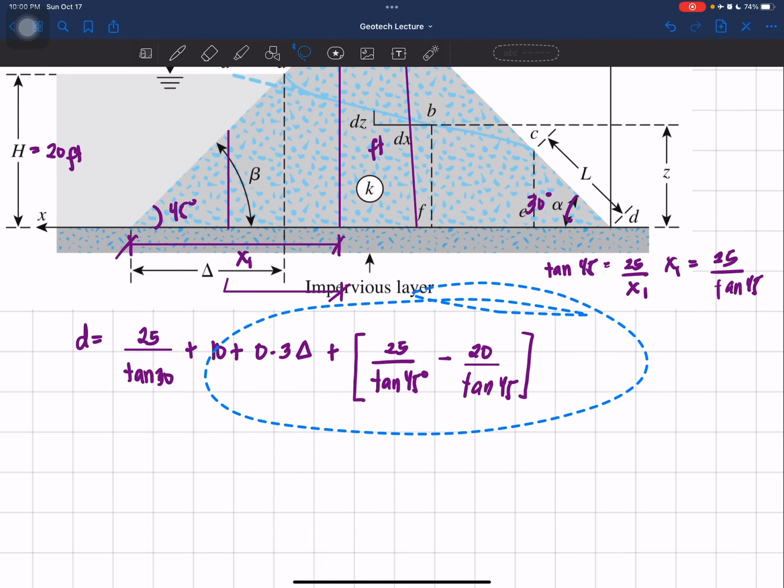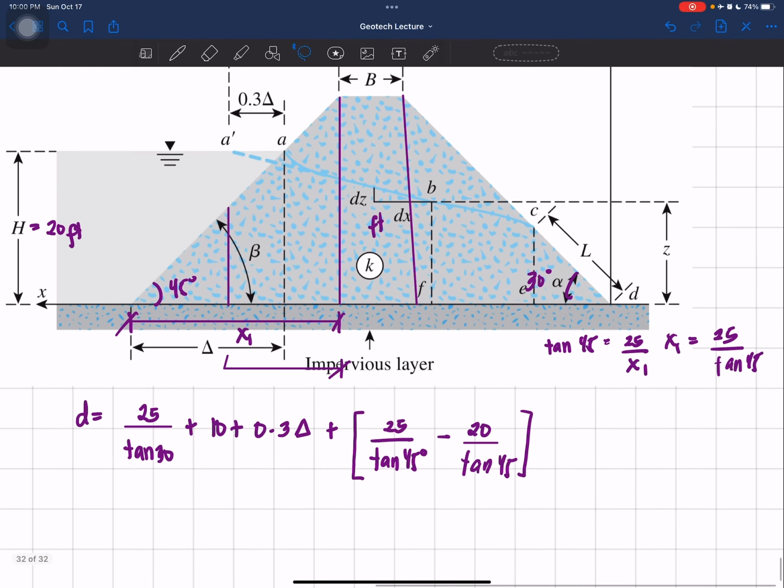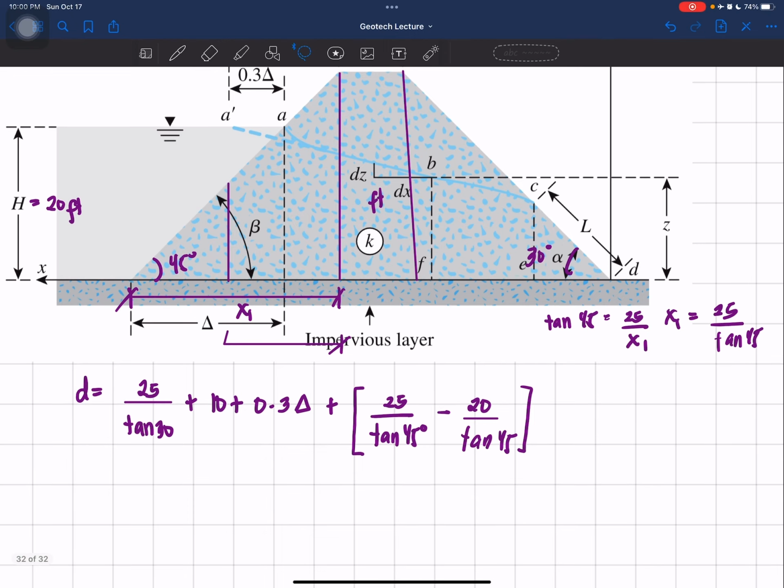Plus 0.3 delta plus 10. Is that right? Our B is 10. So 25 over tangent of 30, plus 10, plus the 0.3 delta, plus this term. Okay?